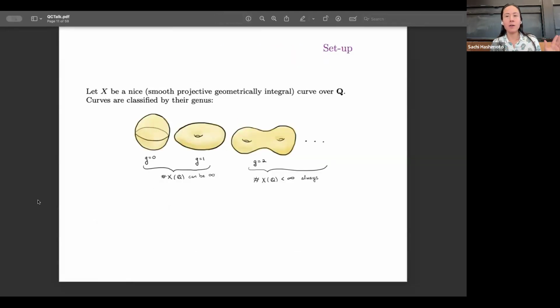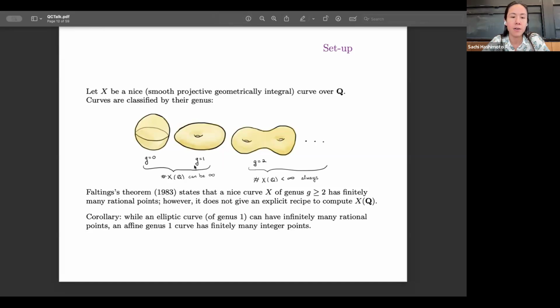So in general, what's going on here? If I have a nice curve over the rational numbers, the first invariant I might ask about is its genus. And what we know is that Faltings' theorem tells us that if the genus is at least 2, then I have finitely many rational points, but I don't have an explicit recipe to compute these points.